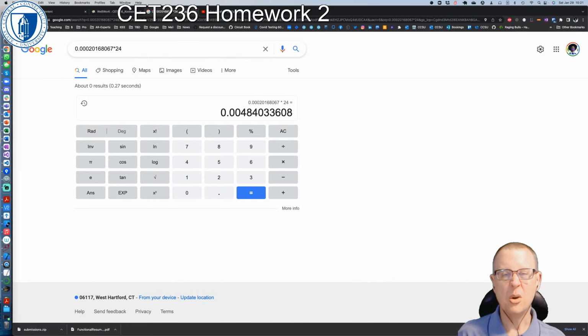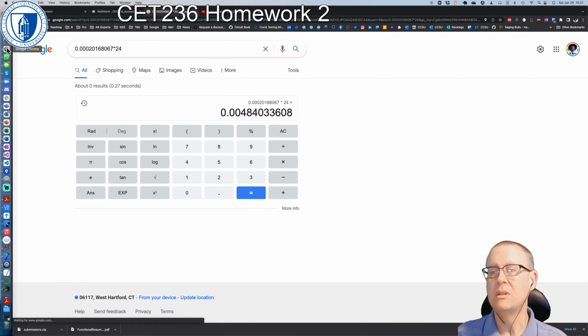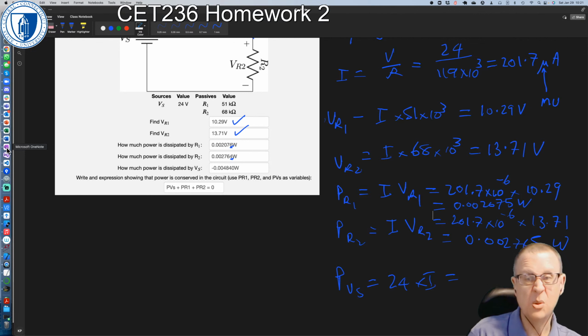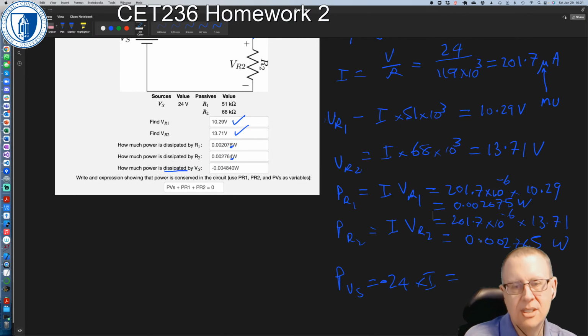Right, 0.004840, which is what I had before. And notice it's dissipated, right? So this is going to have to be a minus, because batteries don't dissipate power, they provide power, right? So it's minus 0.004840. And the units are watts.